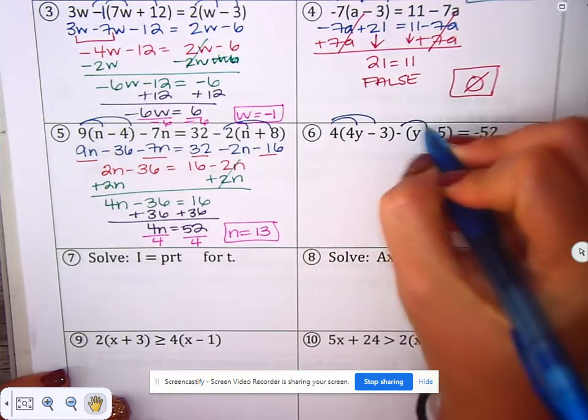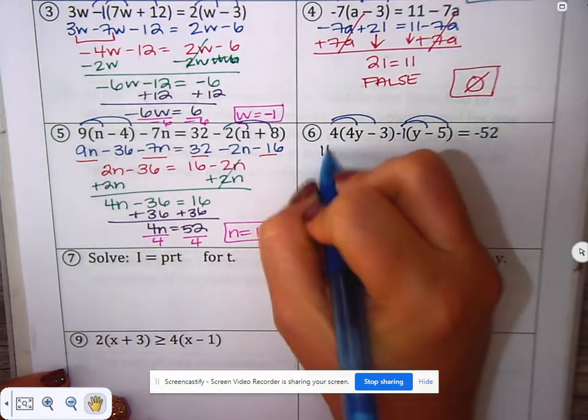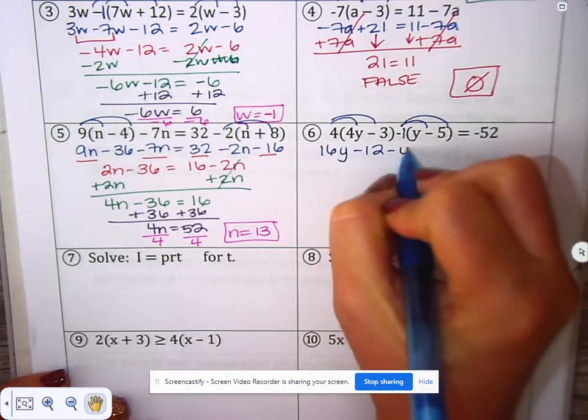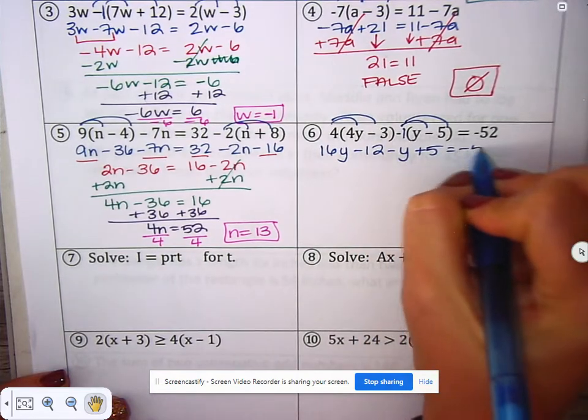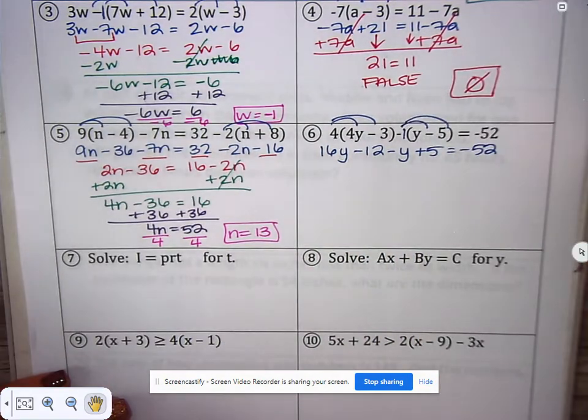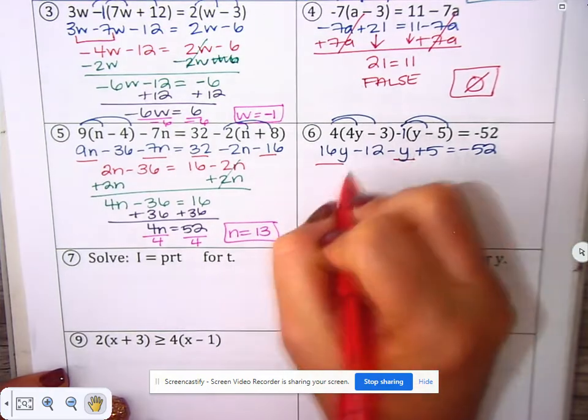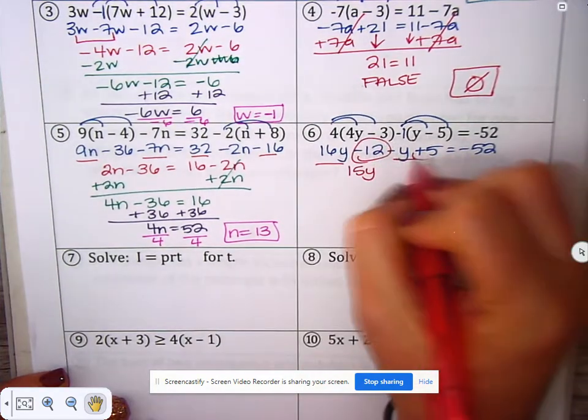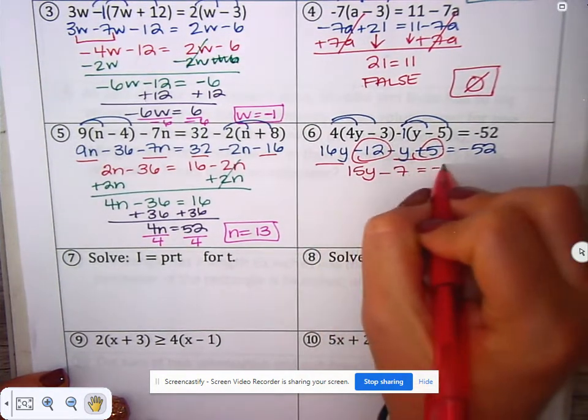Y'all, these steps are seriously repeated so many times every single day. You just have to keep up with them. All right, 16y minus y is 15y. Negative 12 plus 5 is negative 7.